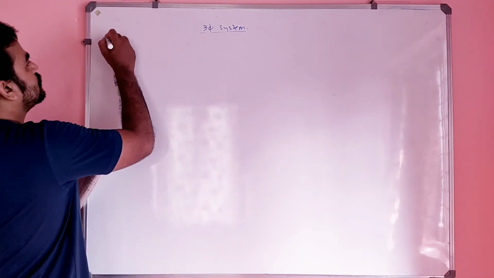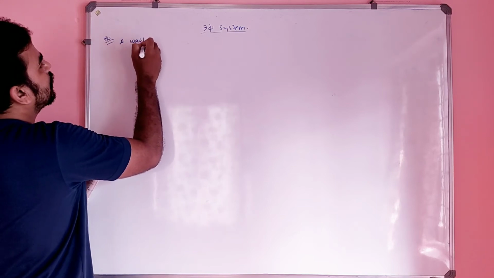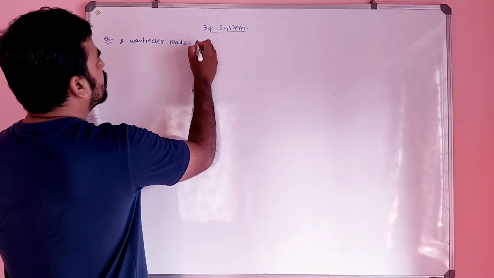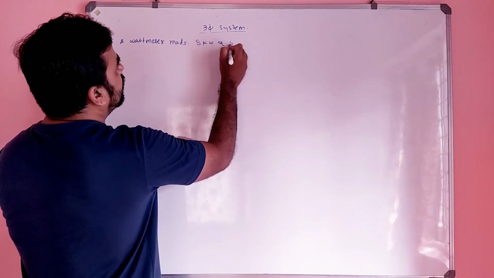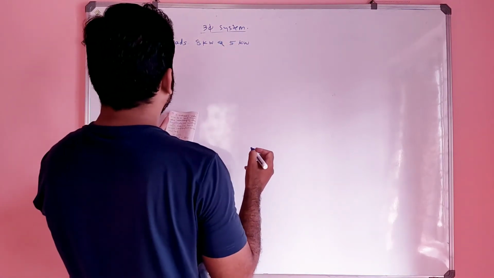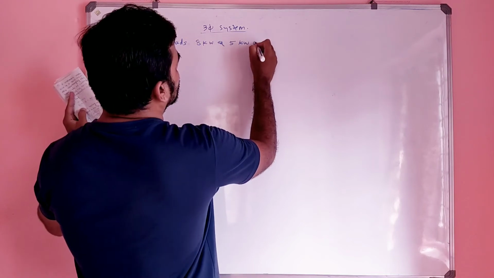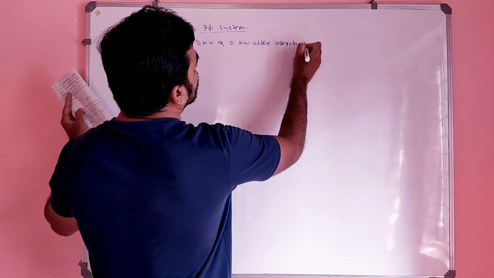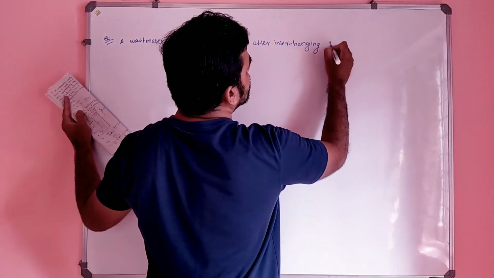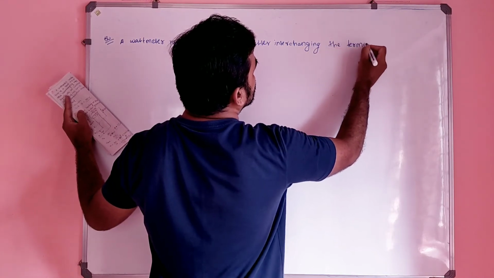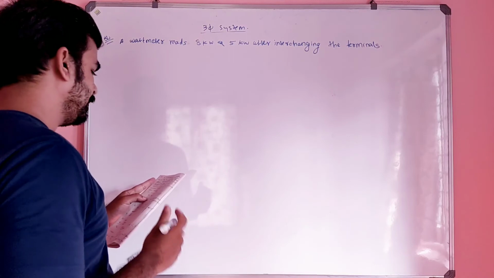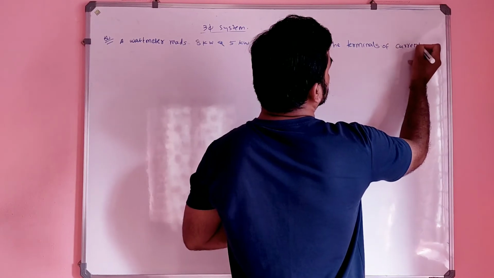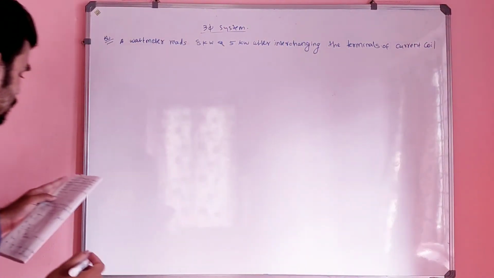Next, another question. A wattmeter reads 8 kilowatt and 5 kilowatt after interchanging the terminals of the current coil.